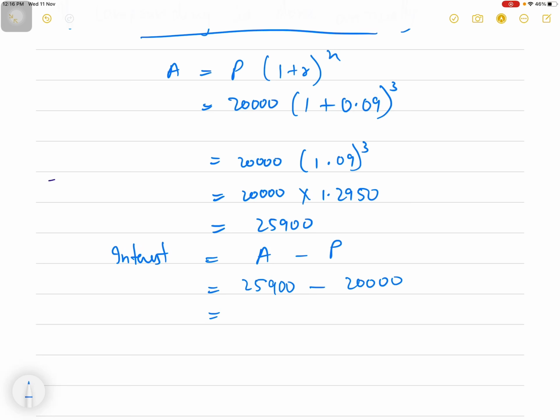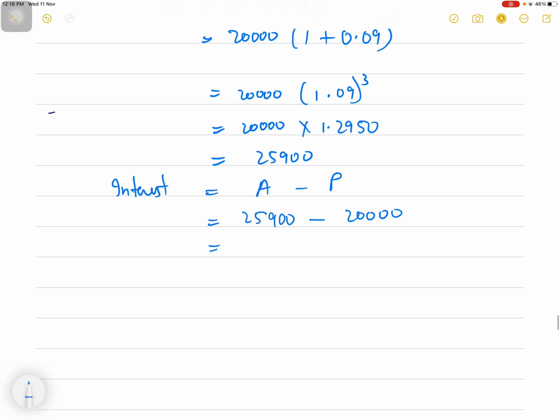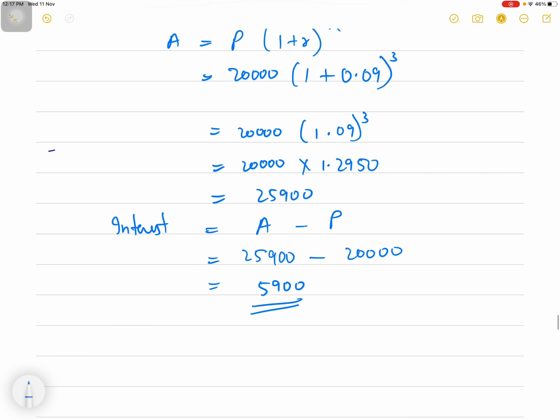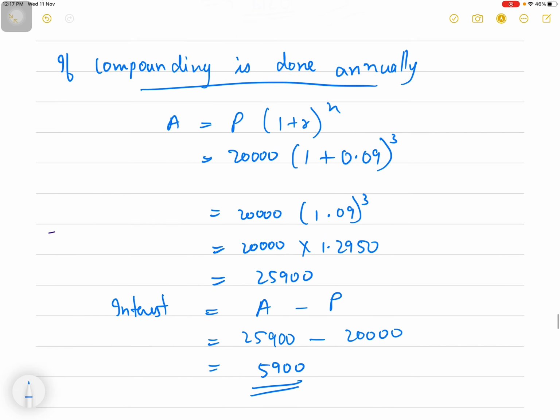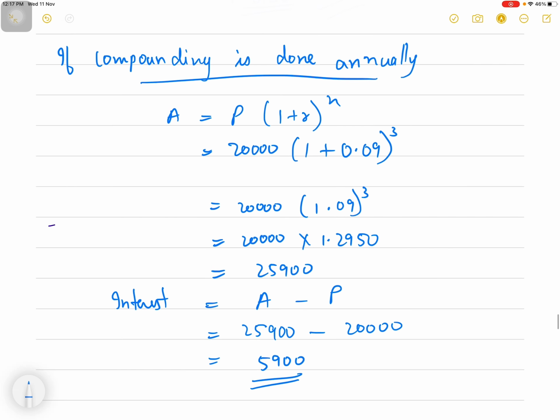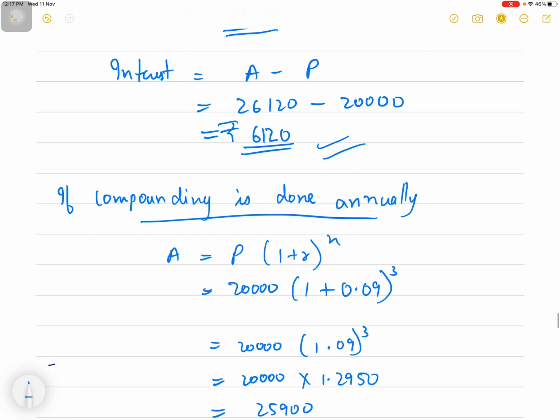Interest is amount minus principal, 25,900 minus 20,000, which is 5,900. If interest is compounded annually, then interest is 5,900. If interest is compounded quarterly, then interest is 6,120.